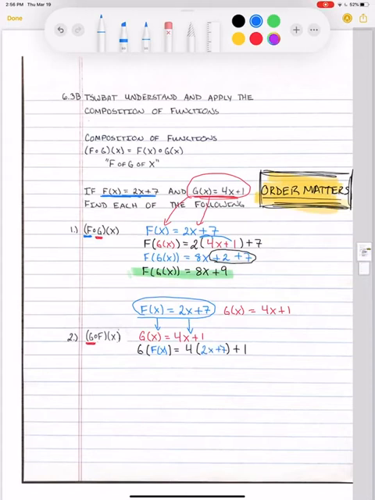Then I'm going to work through my steps. g of f of x equals 8x plus 28 plus 1. Then I'm just going to worry about combining my like terms, and I have g of f of x equals 8x plus 29.